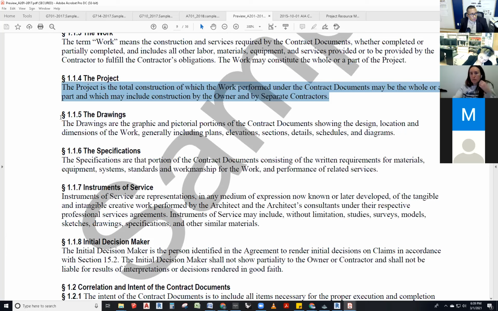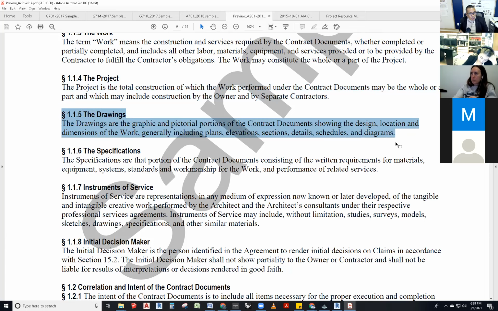Then we go with section 1.1.5, the drawings. The drawings are graphic and pictorial portions of the contract document showing the design, location, and dimensions of the work, generally including plans, elevations, sections, details, schedules, and diagrams. Please, please, please know this definition.